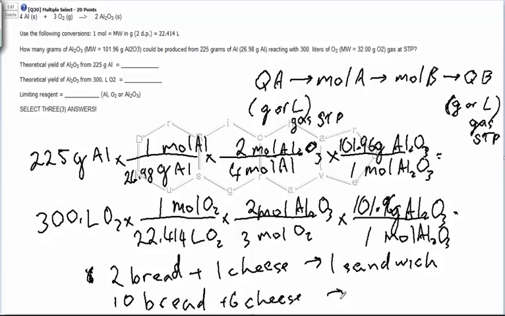You can only get 5 cheese sandwiches. The story is that 10 bread will give you 5 sandwiches, because 10 divided by 2 is 5. 6 cheese will give you 6 sandwiches, but since we don't have enough bread, we have to stick with the 5 sandwiches, and we'd have to use 5 cheese.